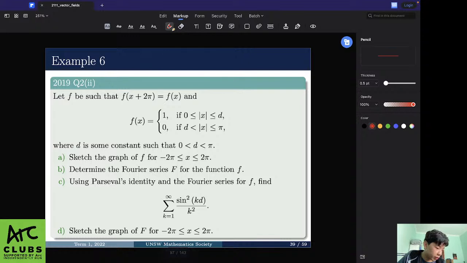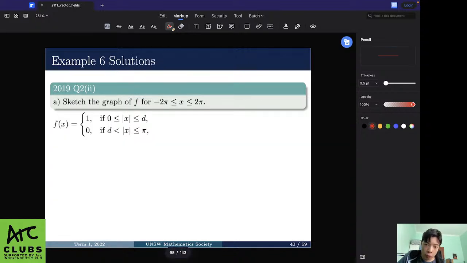We have this function right here, where it's going to be equal to 1 from 0 to d, but let's note that this is the absolute value, and it's equal to 0 from d to pi in its absolute value. So what it might look like is something like this.